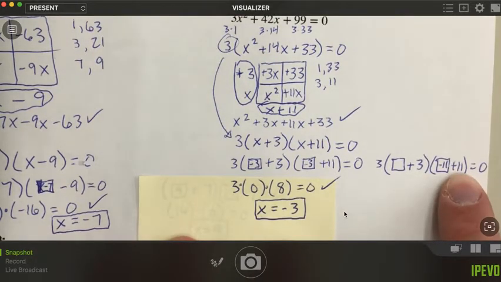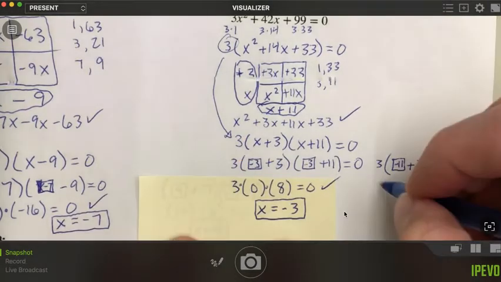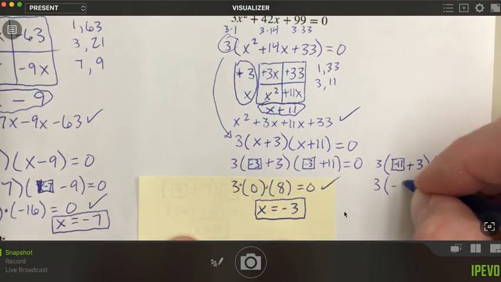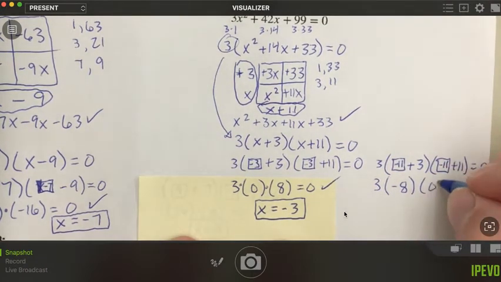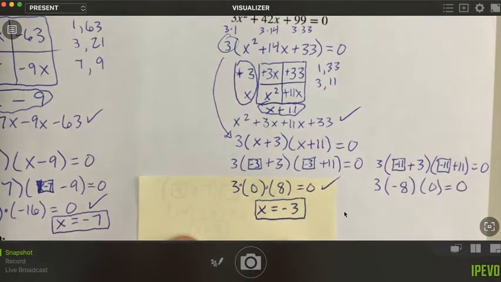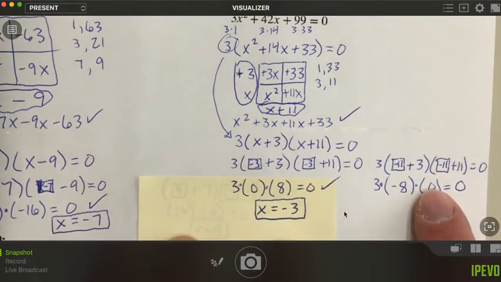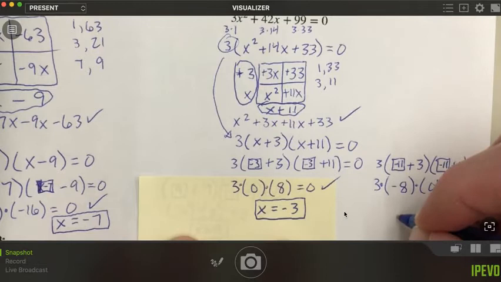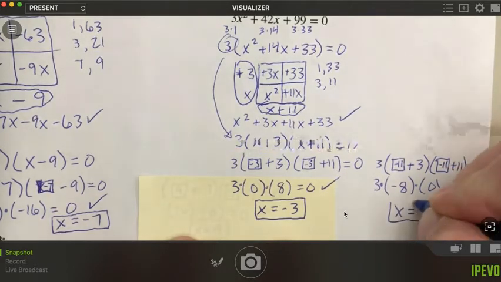And if I put in a negative 11 here, I'll now have 3 times negative 11 plus 3 will be negative 8. Negative 11 plus 11 will be 0. Well, 3 times negative 8 is negative 24, times 0 is 0. So this checks out. So that must mean that if x equals negative 11, that's also a solution.